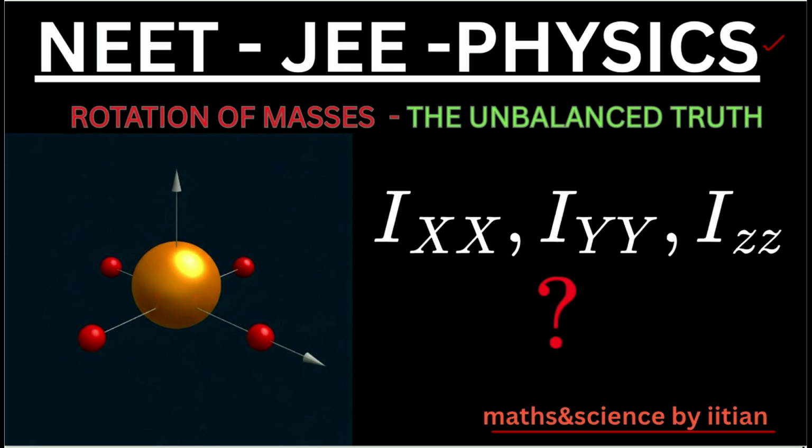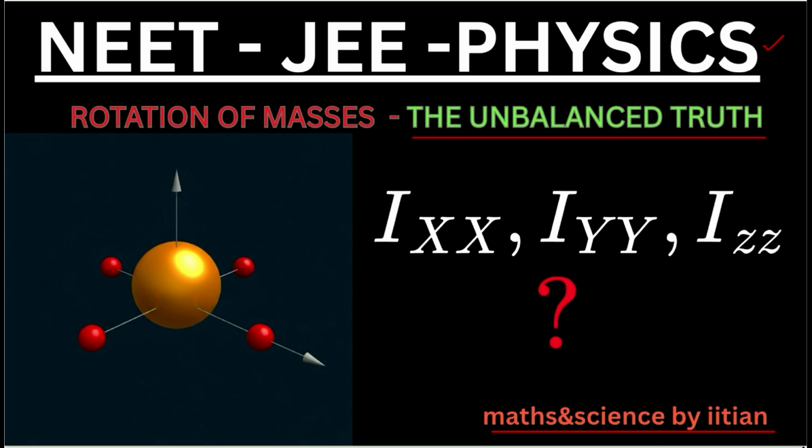Then it's a collection, a system. How does the system respond and how does the system rotate, and the truth behind it for calculating the Ixx, Iyy and Izz of the system.